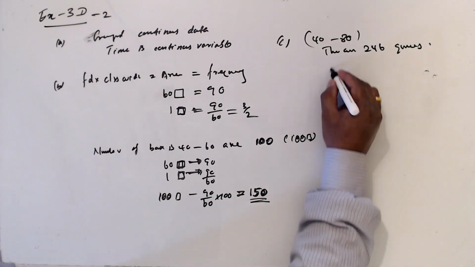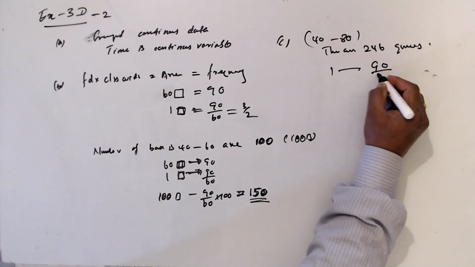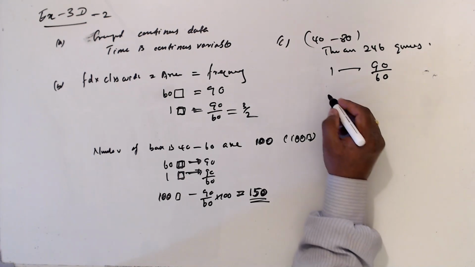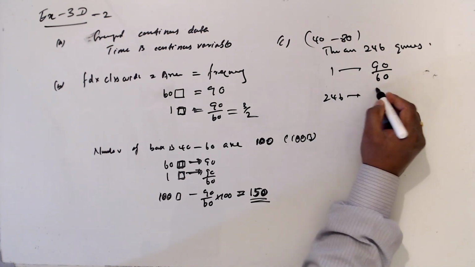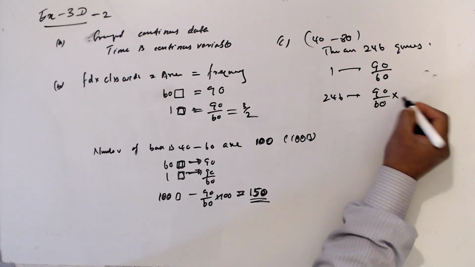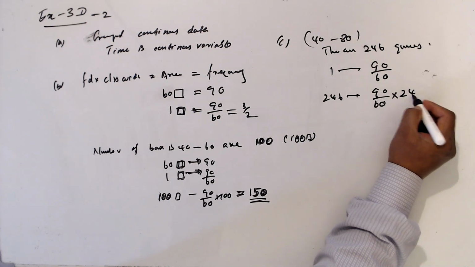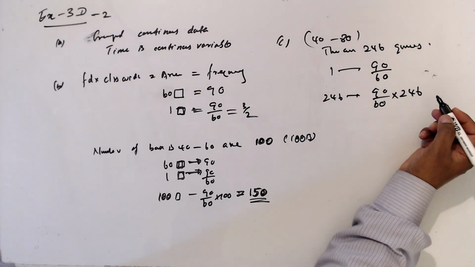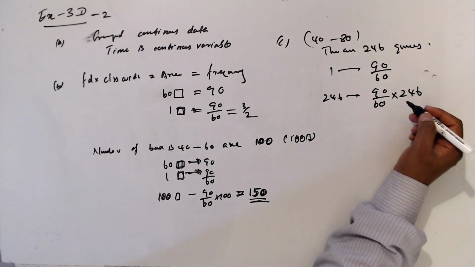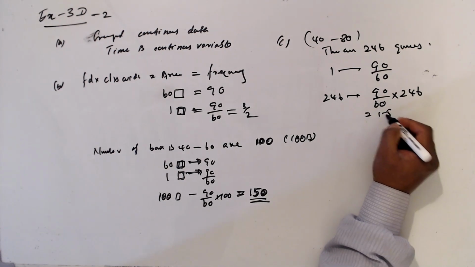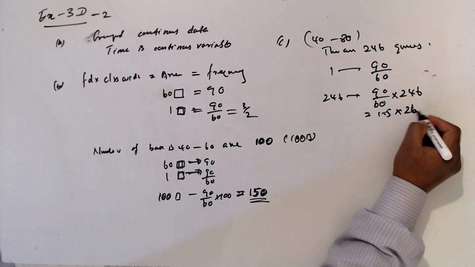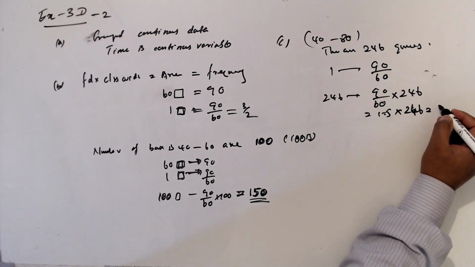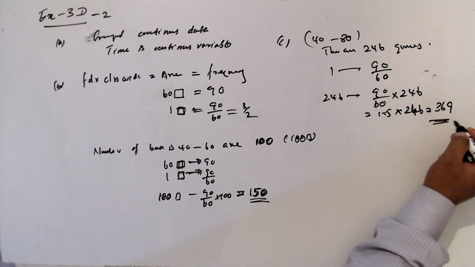So one square is 90 divided by 60, and 246 squares is 90 divided by 60 multiplied by 246. So this is 1.5 times 246, which is 369.